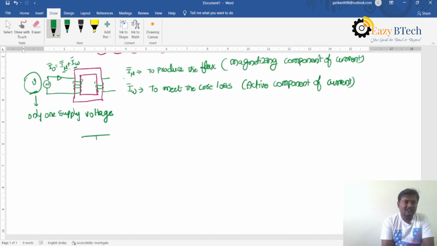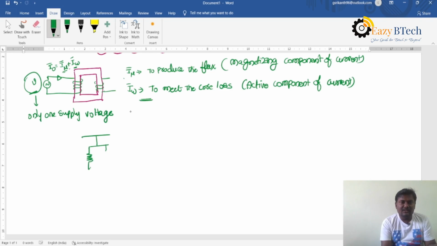I can represent this as a parallel circuit. If the voltage is one and the currents are two, the current is divided, so we can represent the no load equivalent circuit as a parallel circuit.